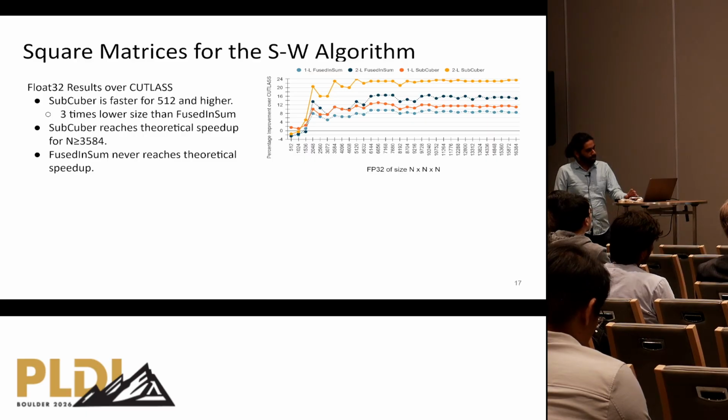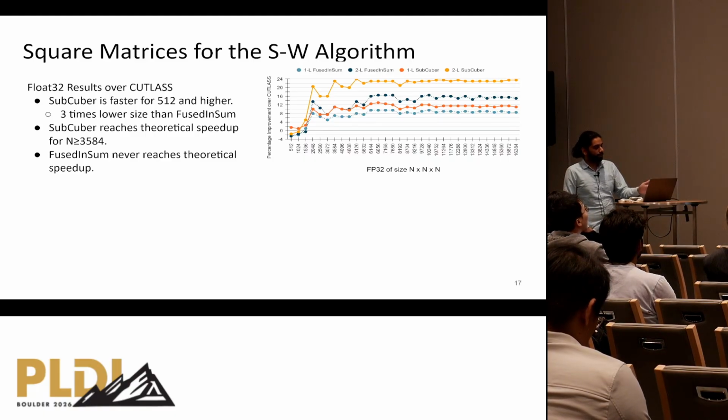First, let's look at some square matrices for floating point 32. On the right hand side, the graph has the x-axis as the size of the matrix, and the y-axis as the performance improvement over Cutlass. The orange lines represent SubCuber for the first level and the second level, and the fused InSum are the blue lines for the first and second level.